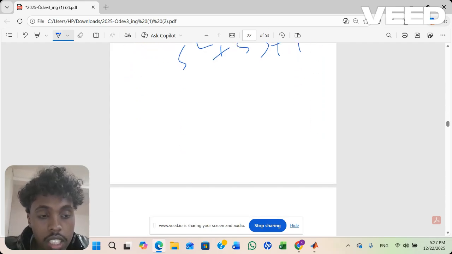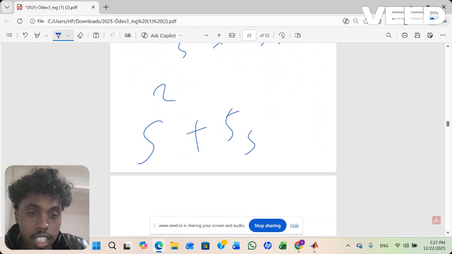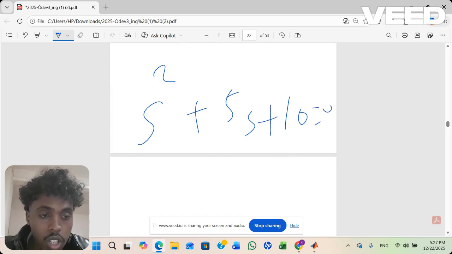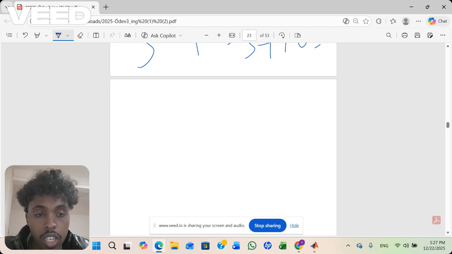So the characteristic equation is s squared plus 5s plus 10 equals 0.